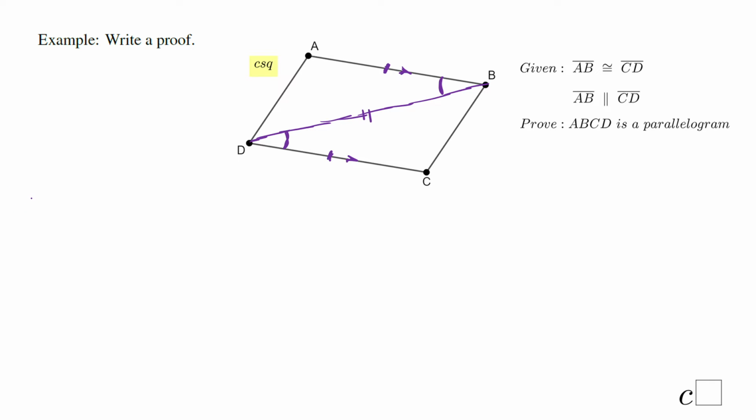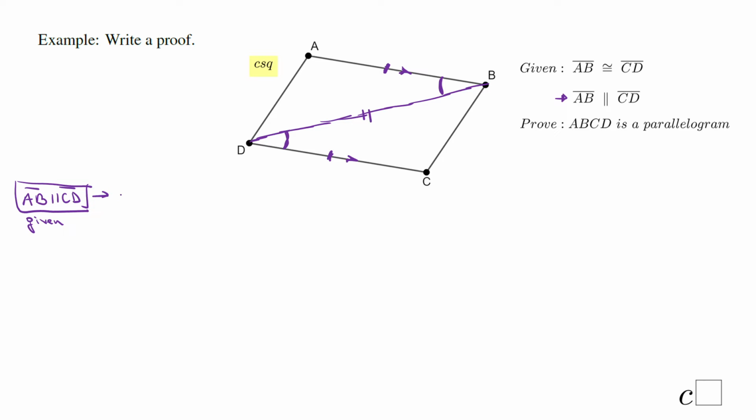So I'm going to start with the first statement, the second statement, in fact this one. AB parallel to CD, that was given. From this one, I'm going to write that the two angles I marked already are congruent.